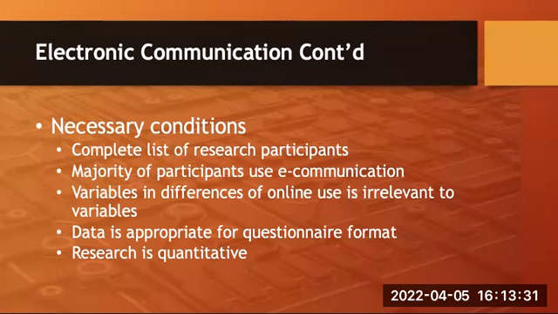You also need to ensure that differences in online use are irrelevant to other variables. And these would be more like data that you would collect through a questionnaire format, which would likely be more quantitative research data.